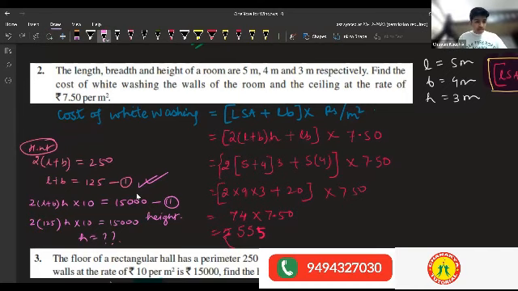Sir, is the height 6? Sir, H is equal to 6.